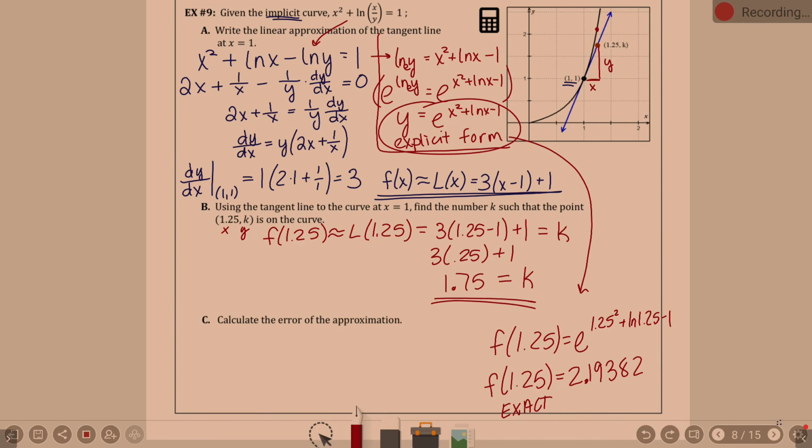Now, in order to do the error of the approximation, we're going to do exact minus approximate. So what's my exact? That is 2.19382 minus my approximate, which was 1.75.